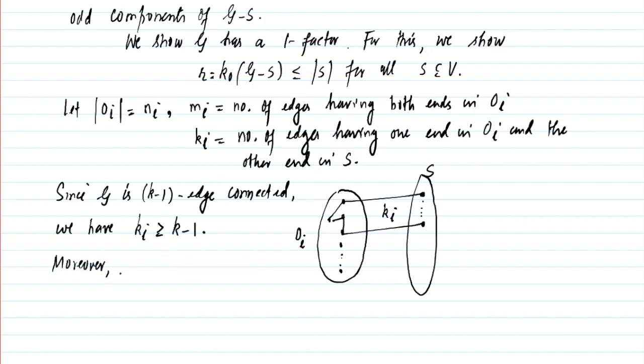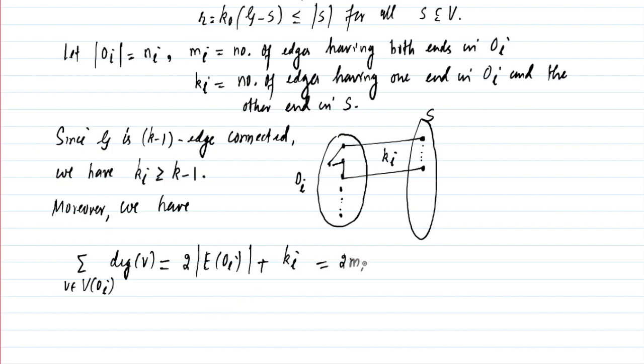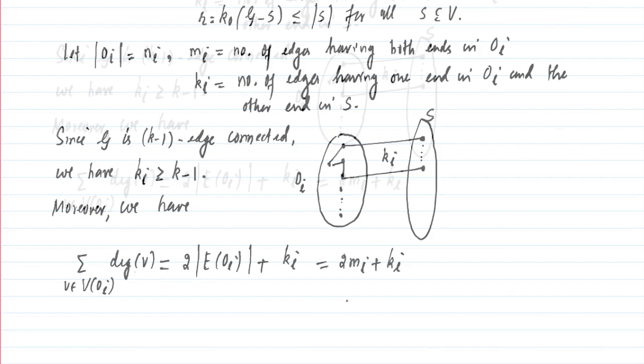Moreover, let's now compute the total vertex degree of Oi, the sum over v belonging to the vertex set of Oi of the degree of v. As we have done in the previous theorem, this is equal to twice the number of edges within Oi, plus the number of edges from Oi to S, which is equal to ki. So this is equal to twice mi plus ki.